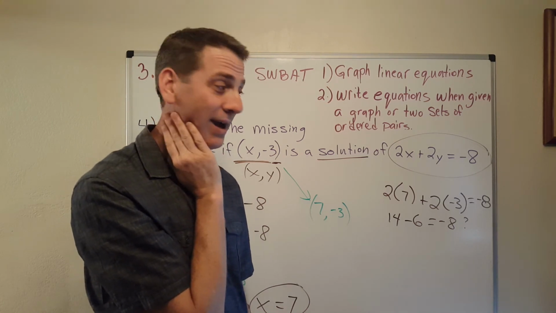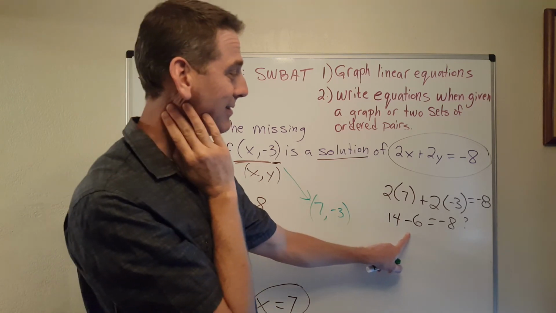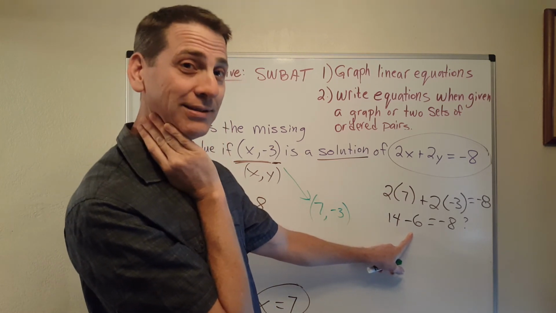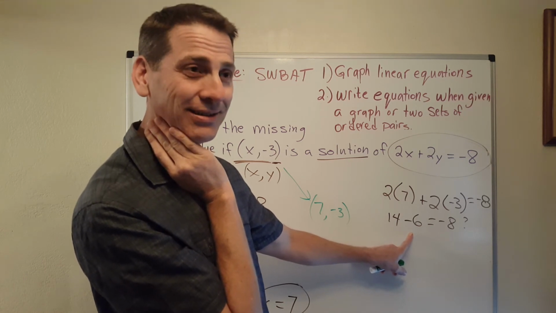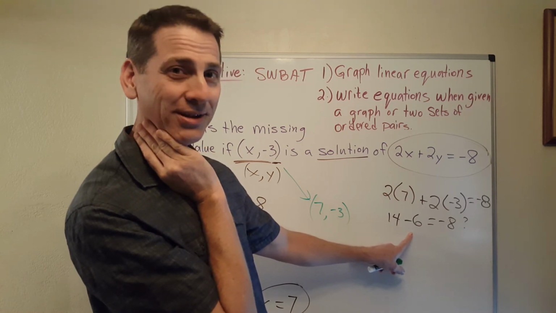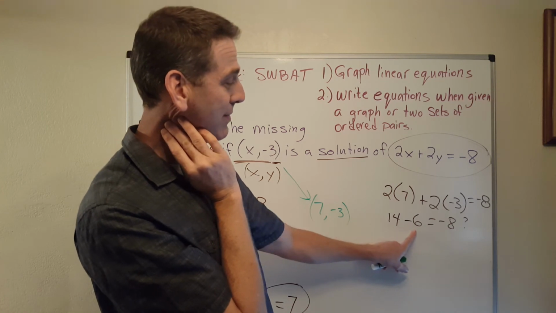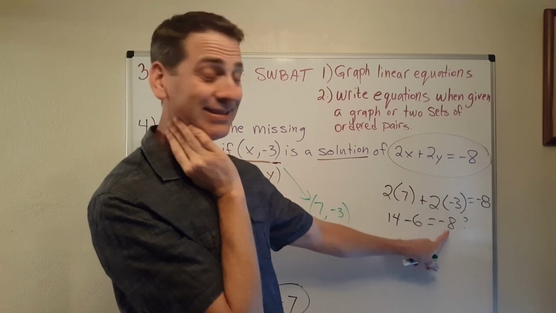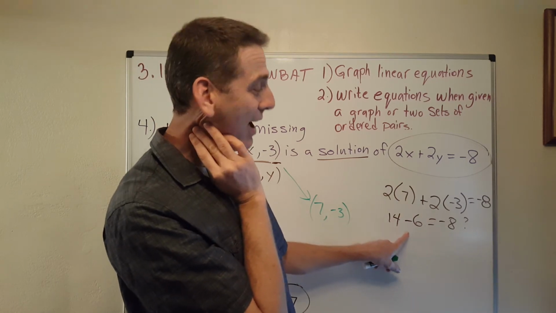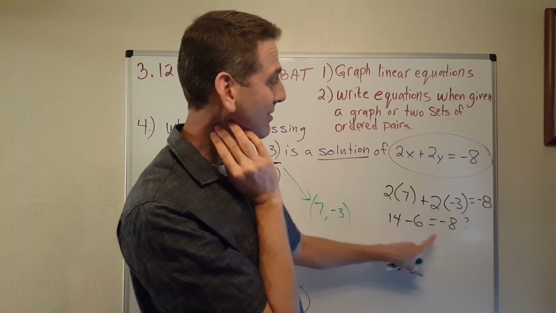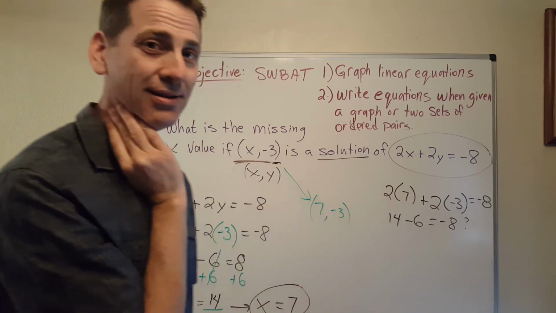Wow, let's go back. Because that does not work, does it? And by the way, this is a great lesson in why we check our solution. Because 14 minus 6 is not negative 8, is it? It's positive 8.